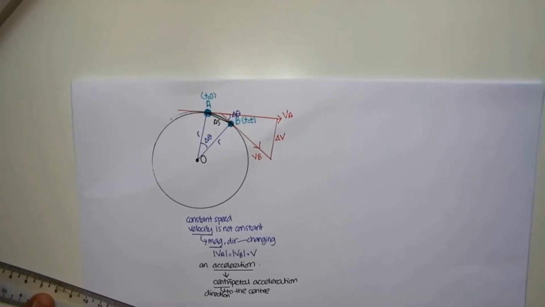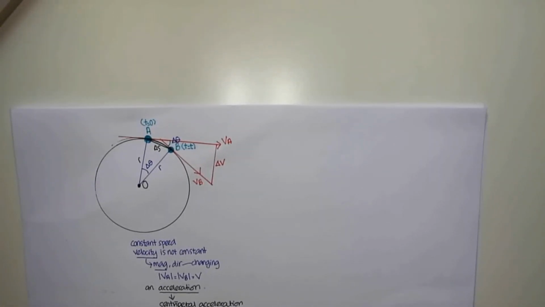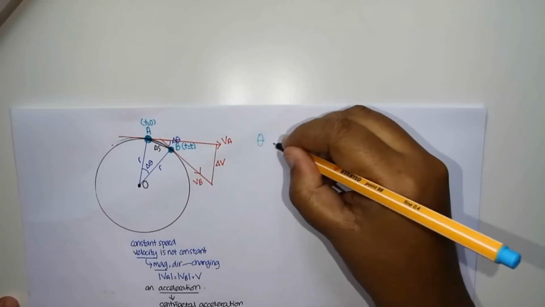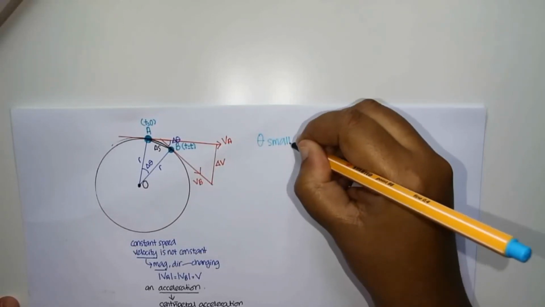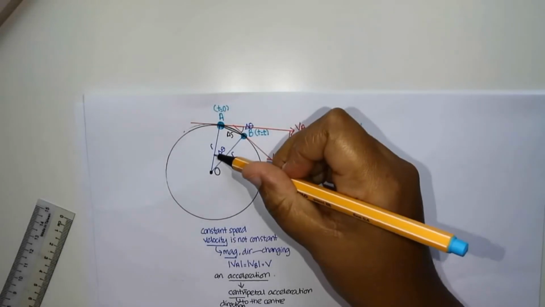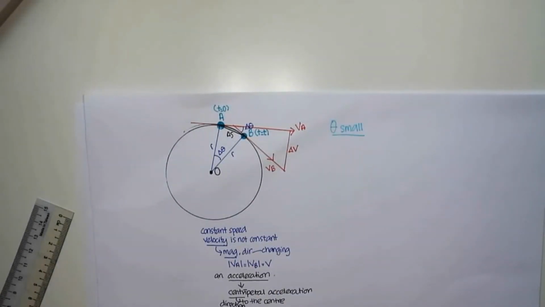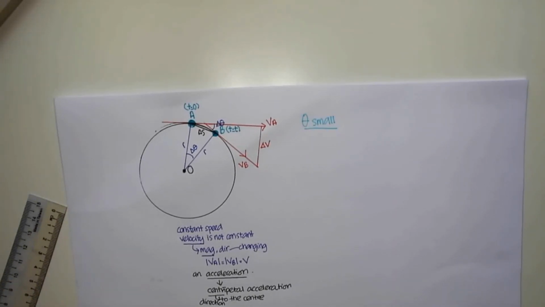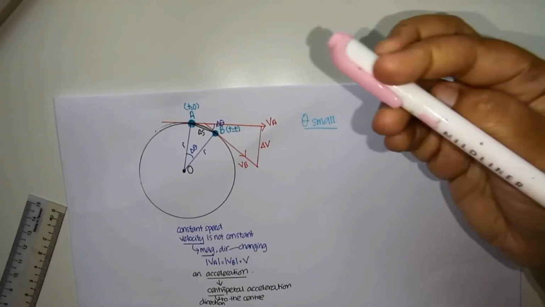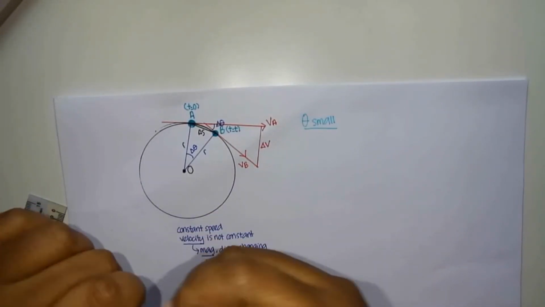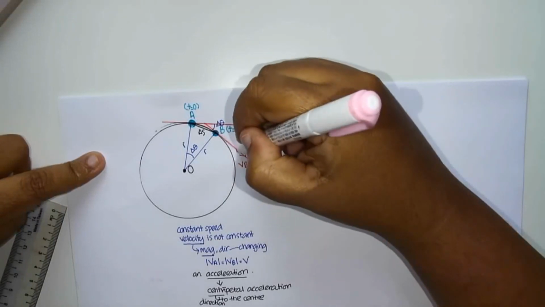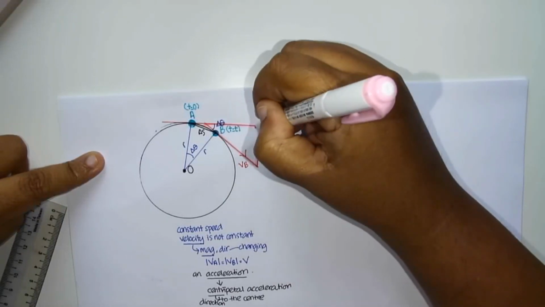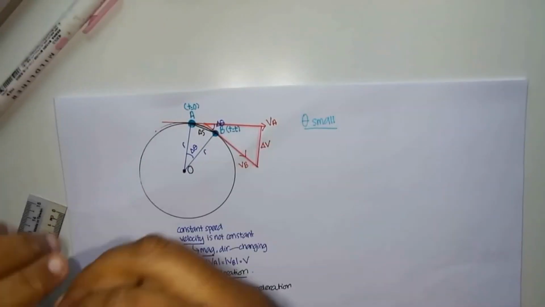Okay, alright. So when theta is small, that means the angular displacement is small, what happens? We have here two triangles, which I'm going to take and draw. The first triangle is this, the next triangle is this.